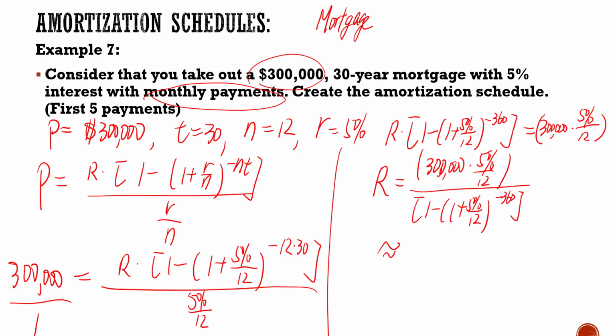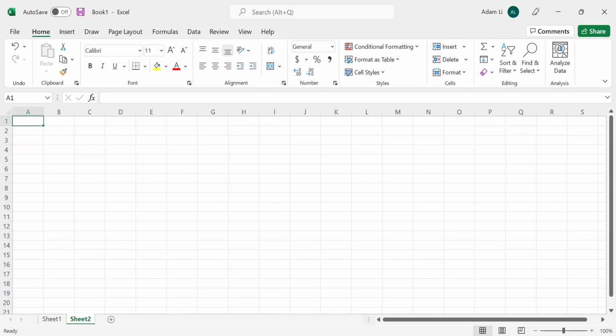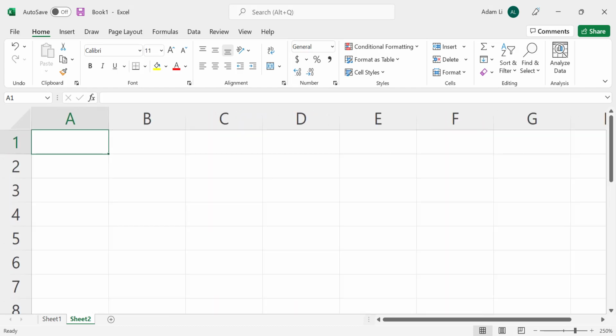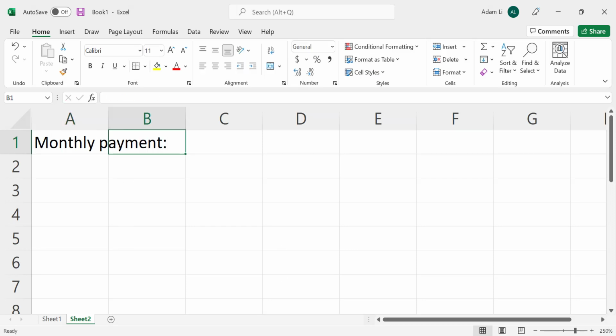Let's see what the regular payment is. So again, I'm putting Excel right here. Also, I'm going to create a new sheet and show you how to do this. First, let's find out the monthly payment.